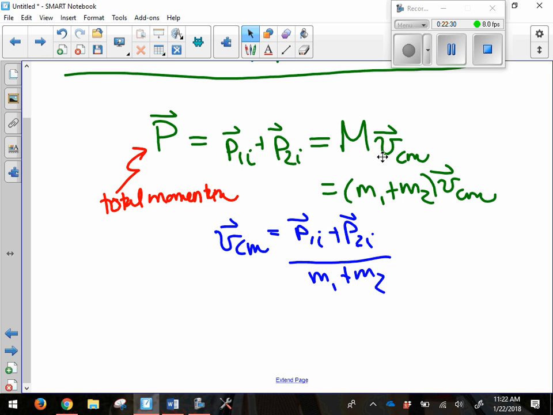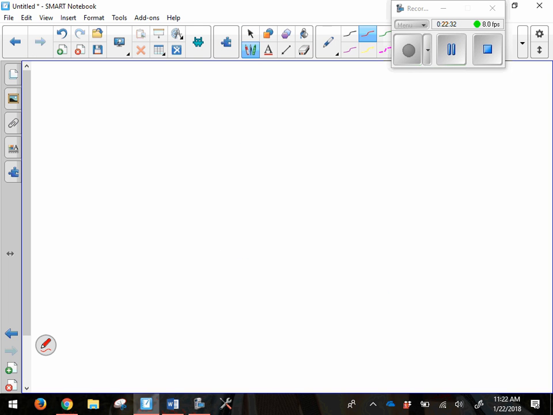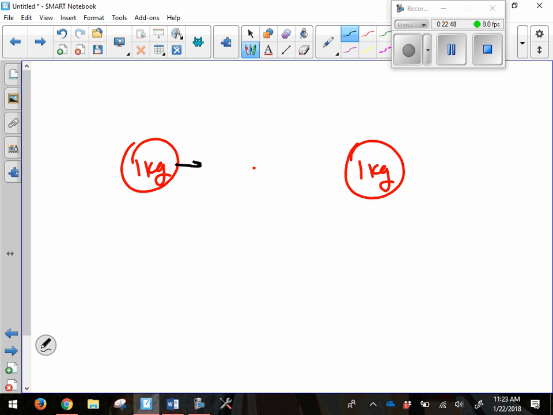For instance, if I had a 1 kilogram object and a 1 kilogram object, where's the center of mass? In the middle, right? Well, if those objects were each moving towards each other at 1 meter per second, how would the center of mass move?